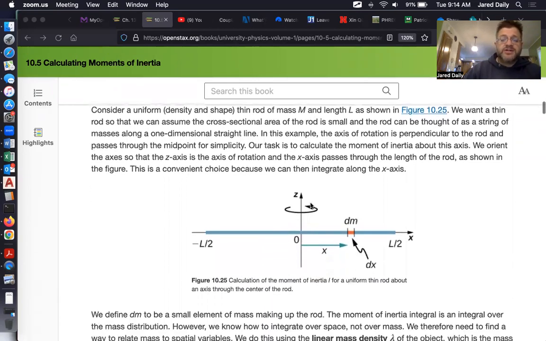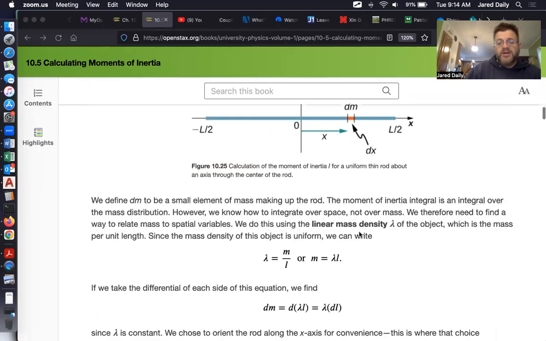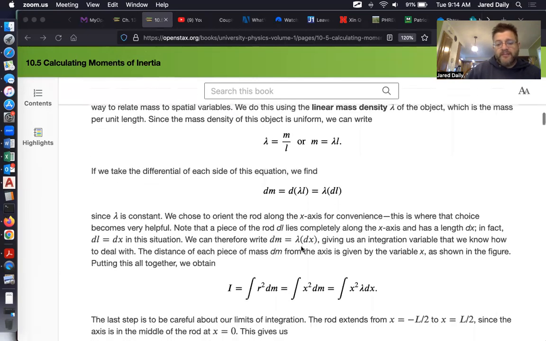Well, here's a shape that we're very familiar with. It's just a simple line. The equation for a simple line is quite easy to work with. We can do integrals along the line, no problem. The integral looks like r squared dm, right? So we have the distance to each piece of our mass times the differential mass.